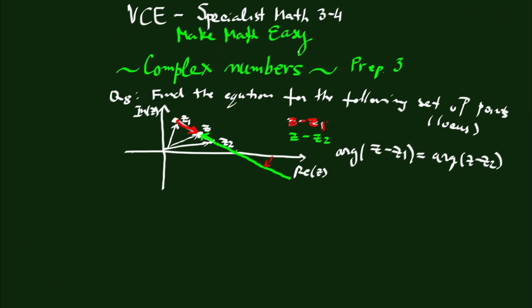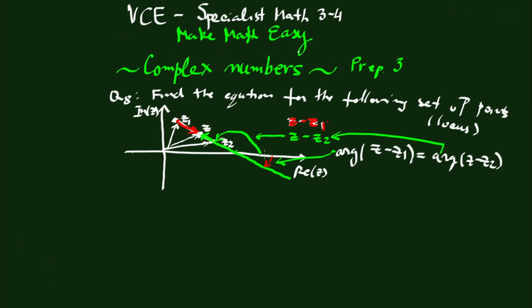And where is the argument of z minus z2? It's from here all the way up to here. That's the other argument. So that's the argument of z minus z1 here, and the argument of z minus z2 here.